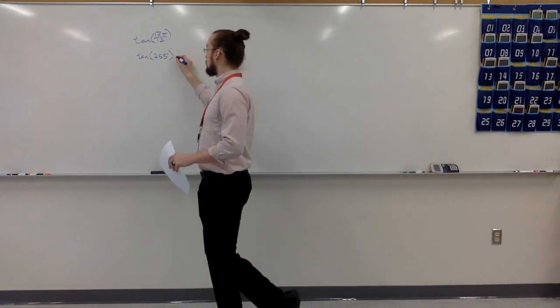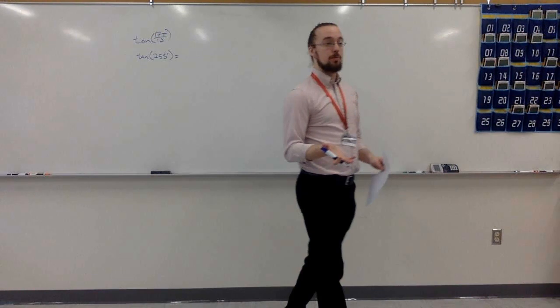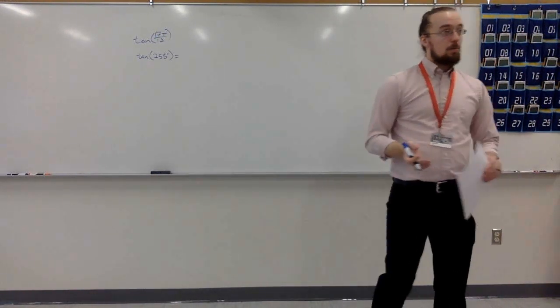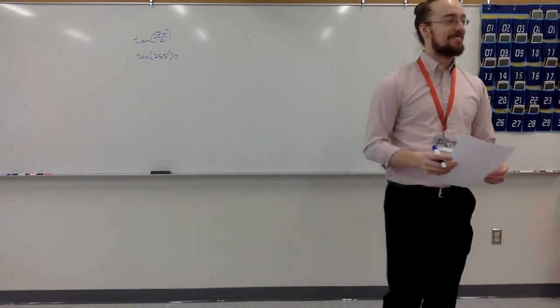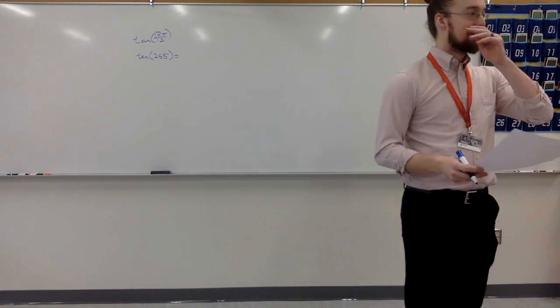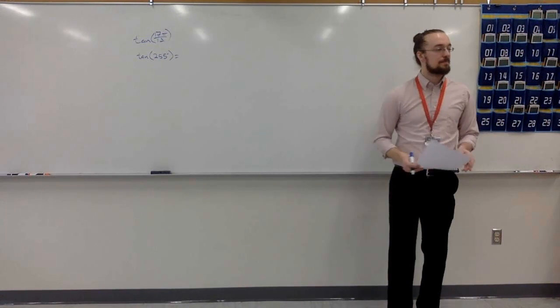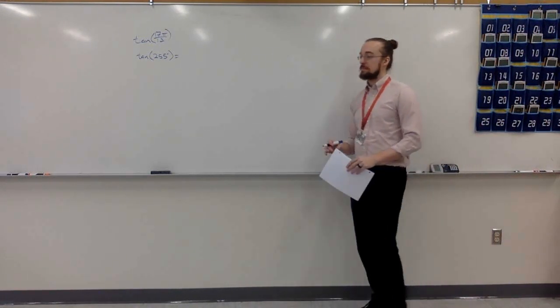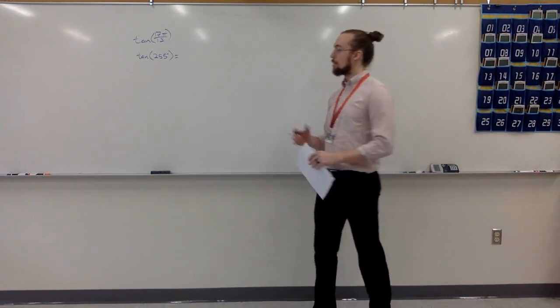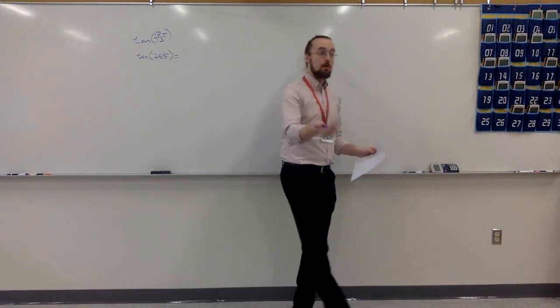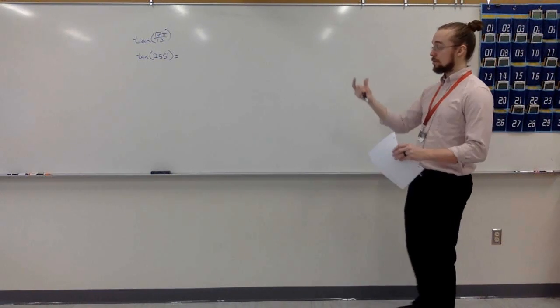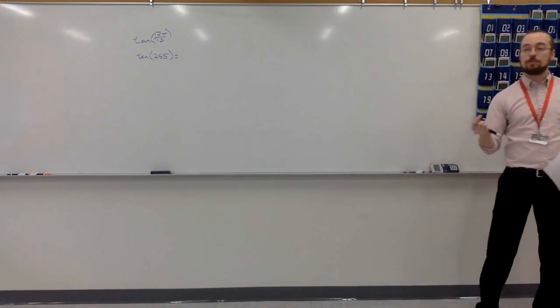There's multiple ways that we could do this. Does anybody see a way that we could take two angle measures on the unit circle that we know, add or subtract them to get 255?